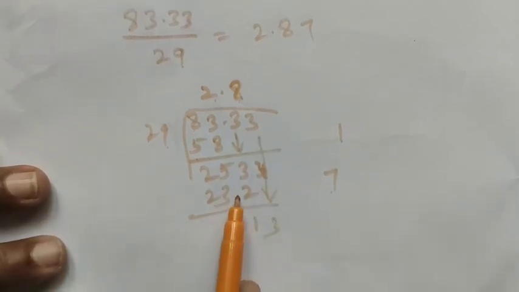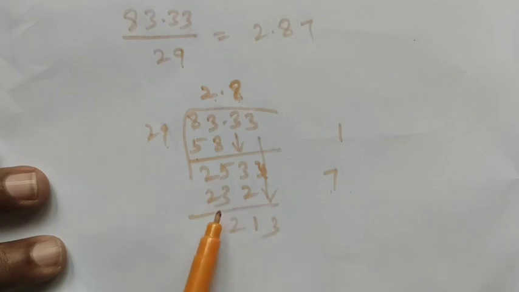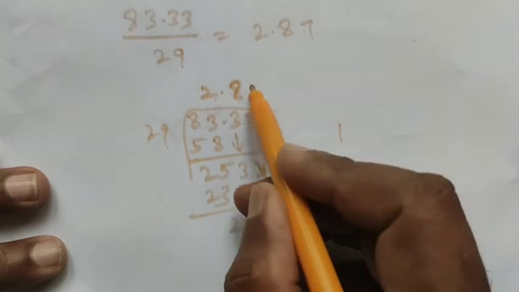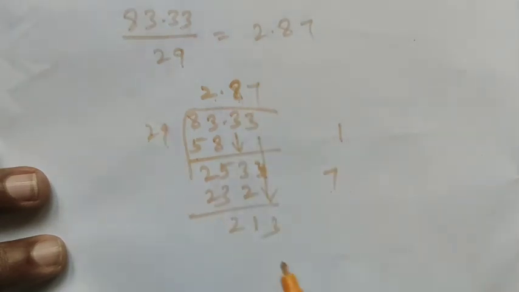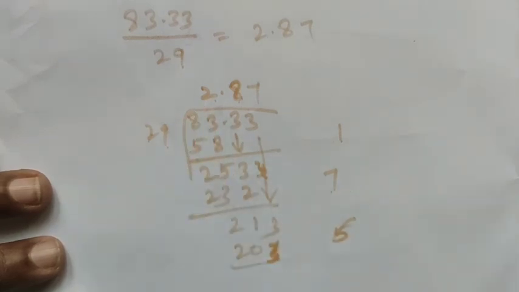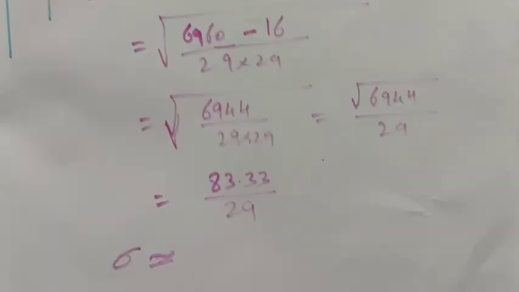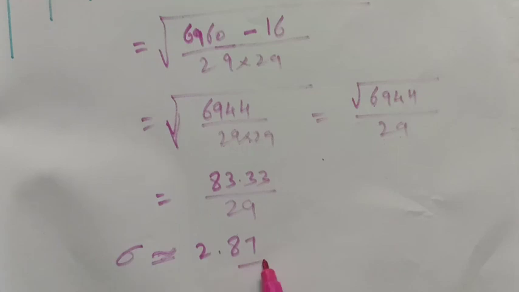The remaining is less, so we get approximately 7 times. So approximately we have 2.87. Therefore, the standard deviation is approximately 2.87. Thank you students.